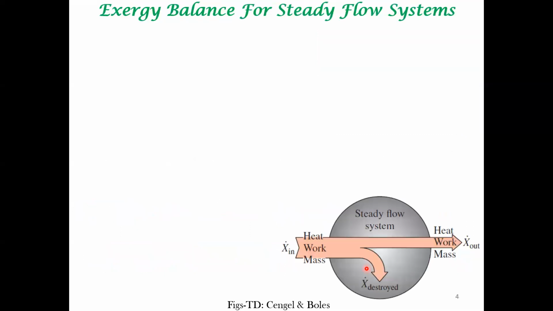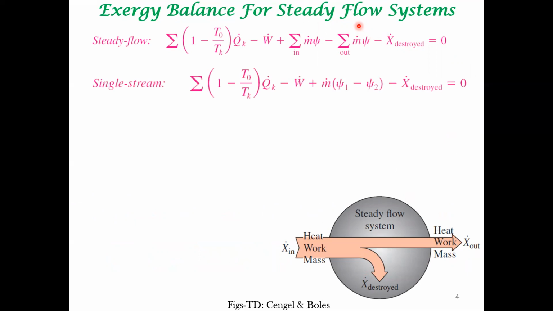So in most of the engineering systems, you operate in a steady flow manner. So you take the previous equation, except that this term is zero, because you're always operating in a steady state. All the rest of the terms are retained.